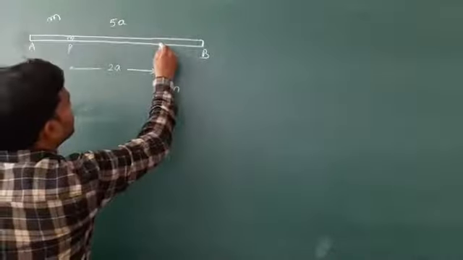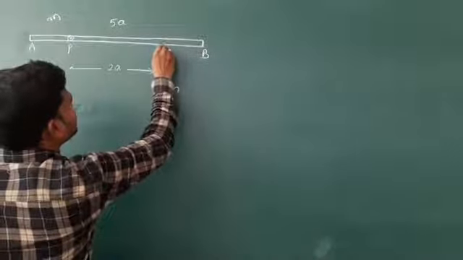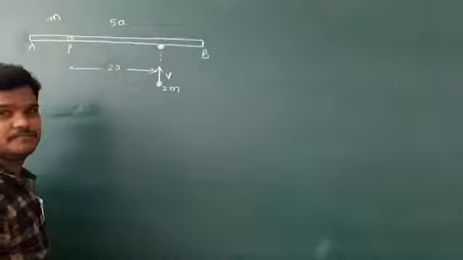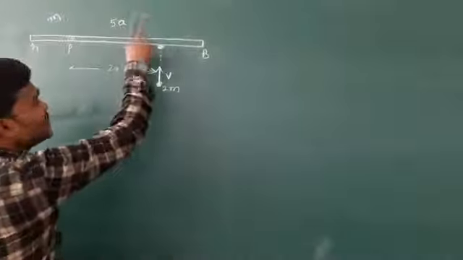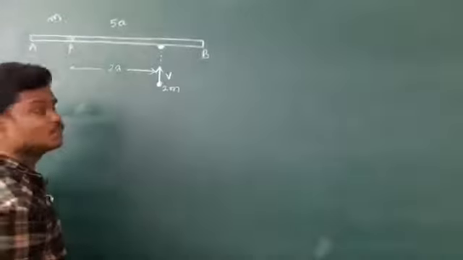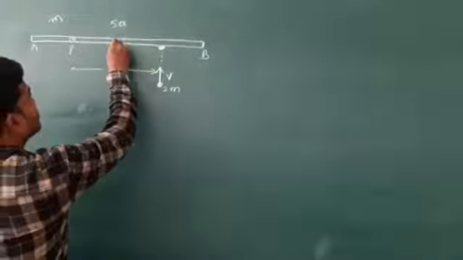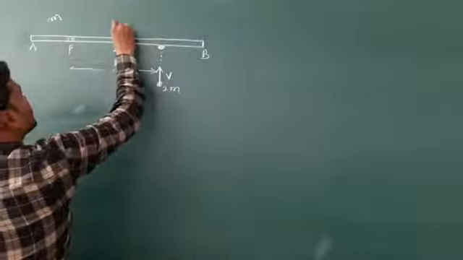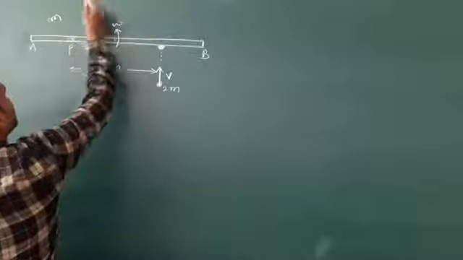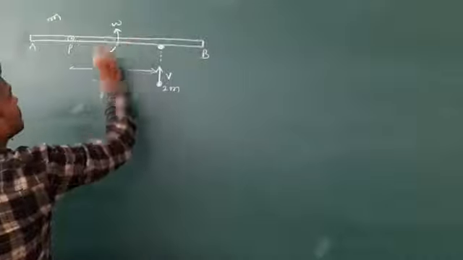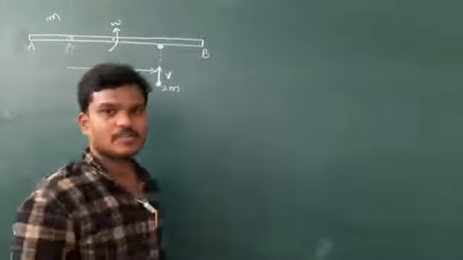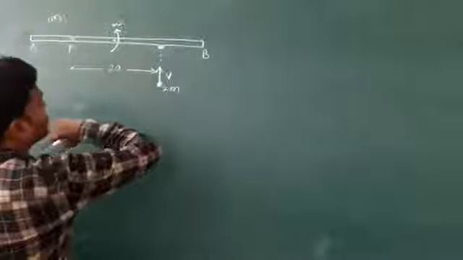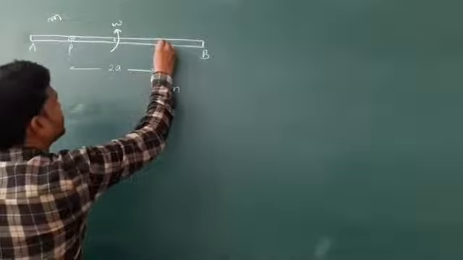And once the particle strikes, after the collision, this particle will have some velocity, and they said the rod is at rest after the impact, so there is no linear velocity for the rod, but the rod rotates with some angular velocity omega. Here the particle strikes here.